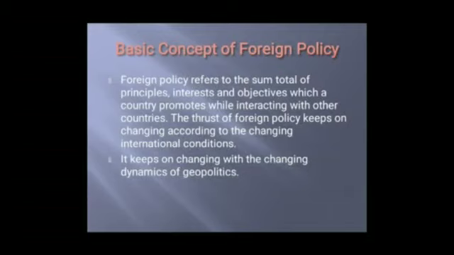India's foreign policy is rooted in two traditions. Now, what are the two traditions? The first one is that of British India, which concerns the territorial integrity and security of South Asia.